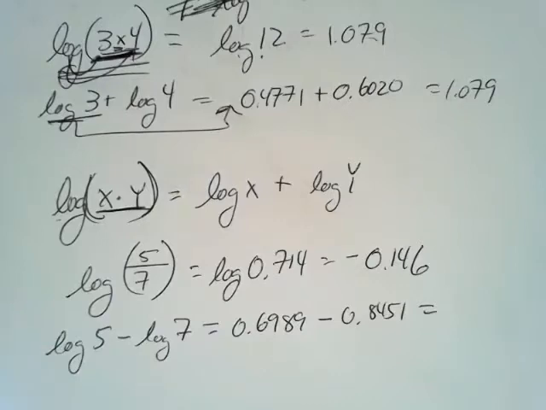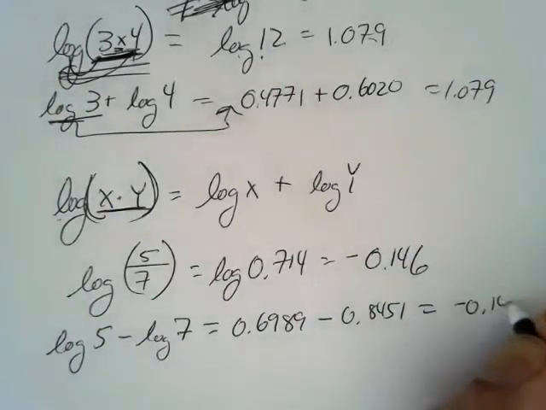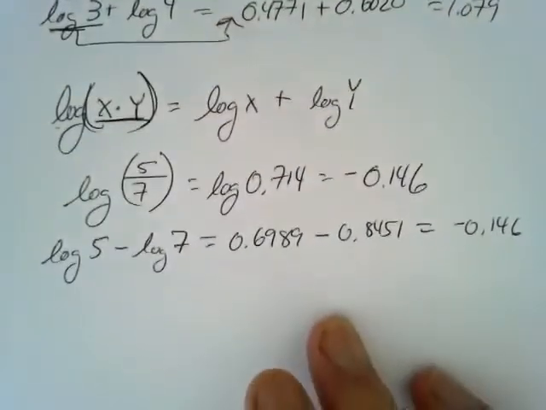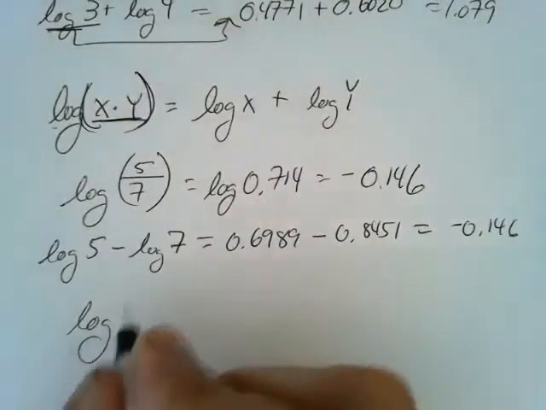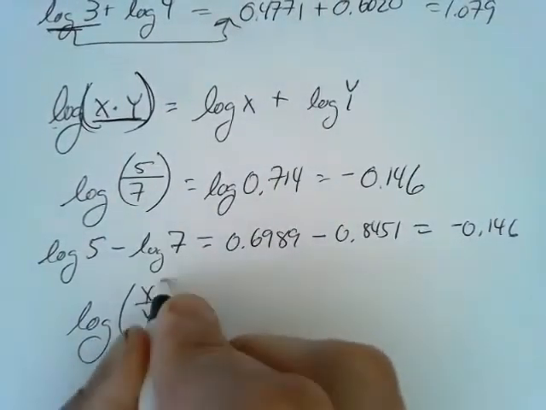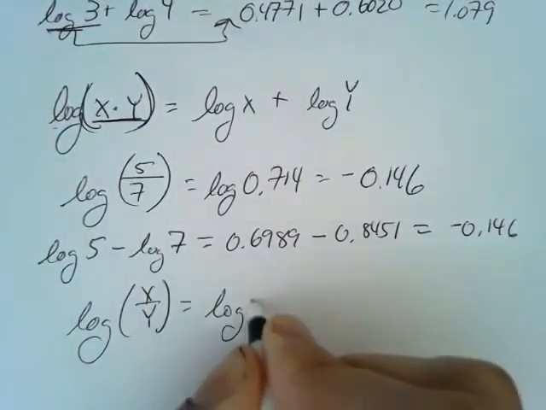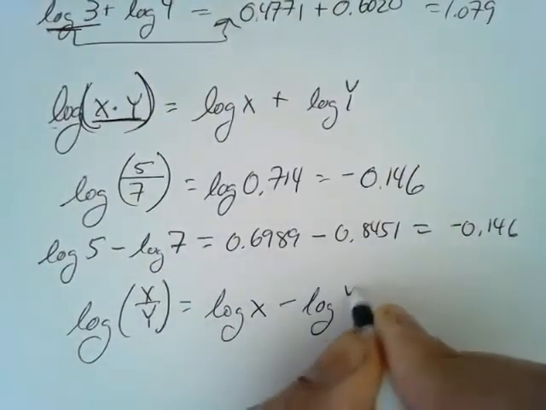And if you take 0.6989 minus 0.8451, you in fact get back negative 0.146. So we have another mathematical function here that's very useful. The log of x over y is equal to the log of x minus the log of y.